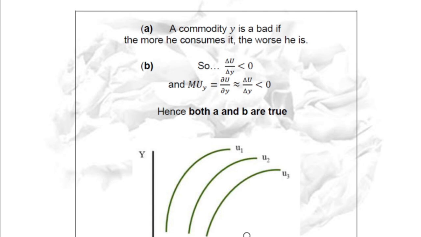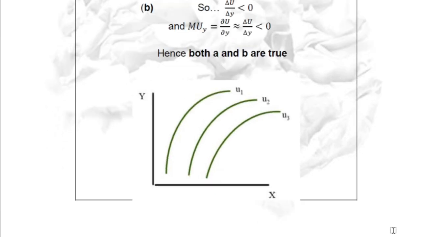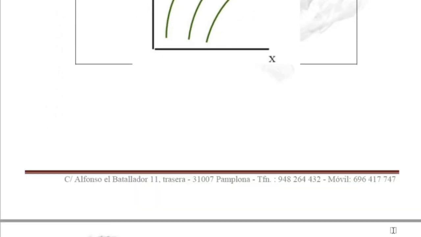But if I fix a certain level of consumption of x, for example here, and I consume more and more from good y, we can see that the utility levels 3, 2, 1 decrease. So I'm worse off the more from good y I consume. This could be the representation of the indifference curves in such a case.